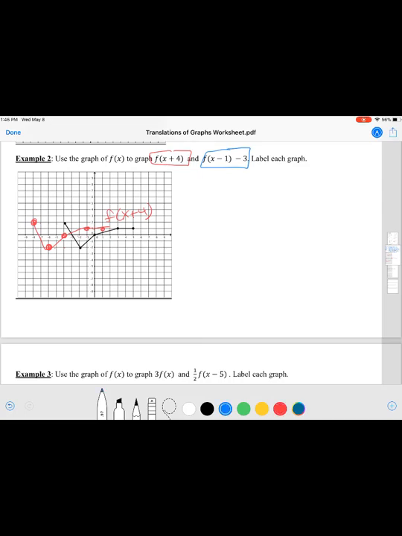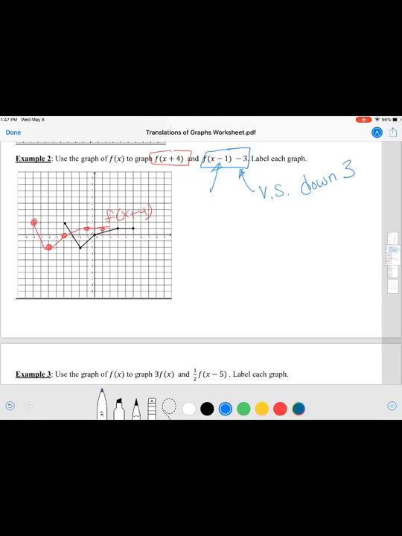Now for the blue, notice I have 2 different translations here. I have f of x minus 1, and then I subtract 3. That minus 3 is subtracted from the entire function. So this is going to represent a vertical shift. I'm going to abbreviate as VS, a vertical shift down 3.